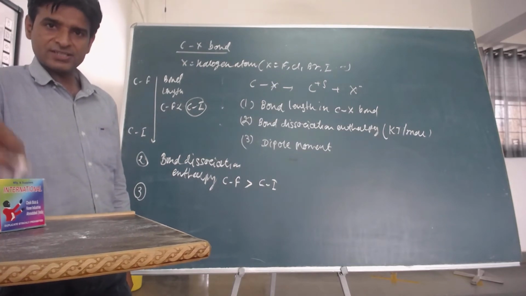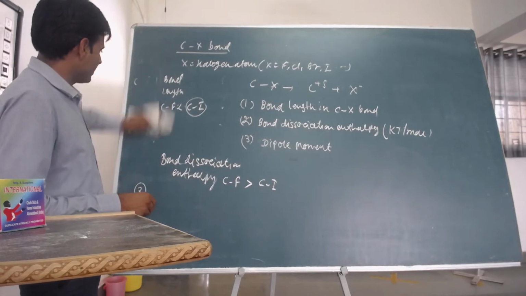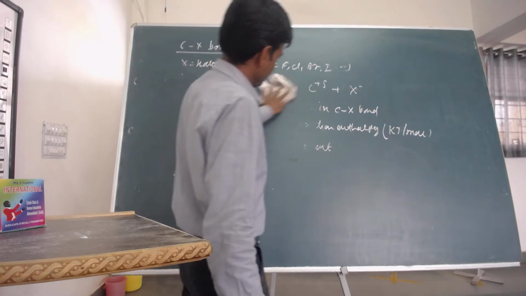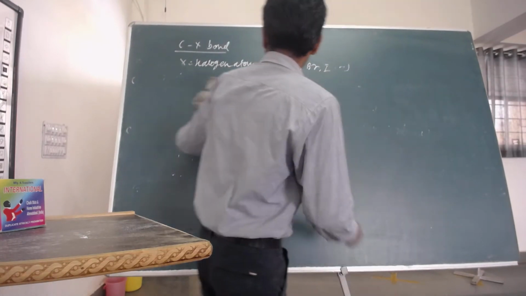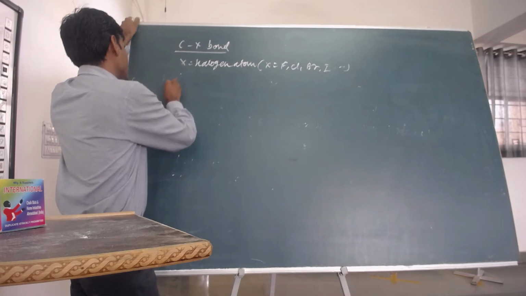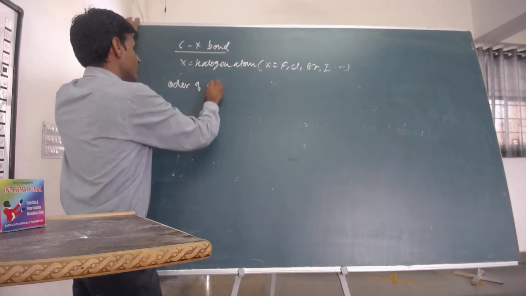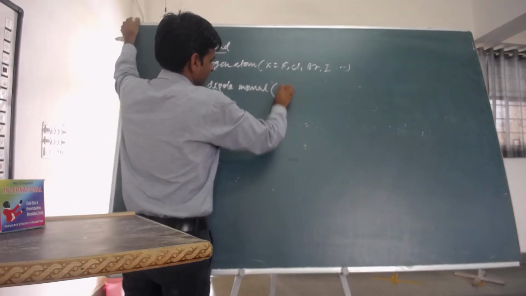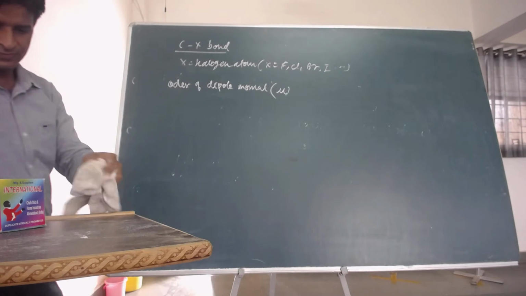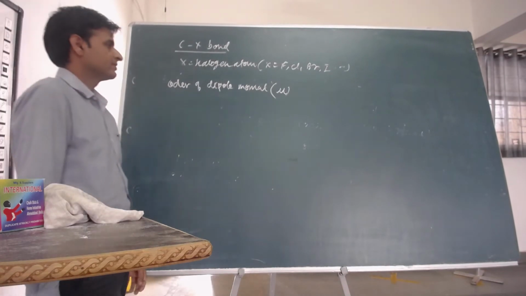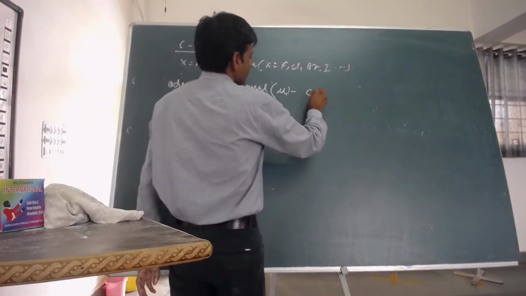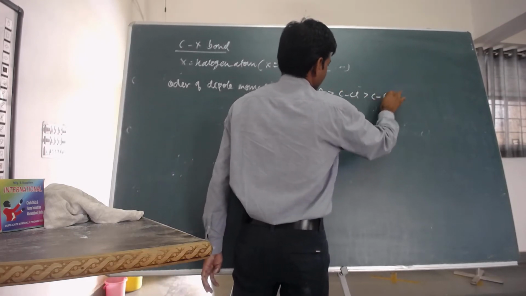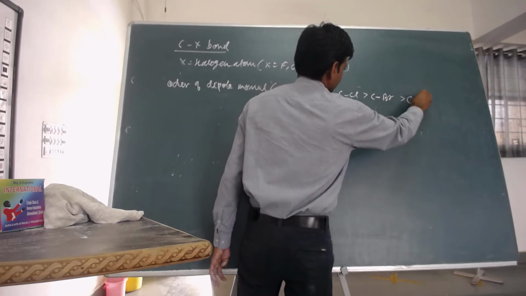We can say that the order of dipole moment, denoted by mu, should be in the following order: C-F, C-Cl, C-Br and C-I.